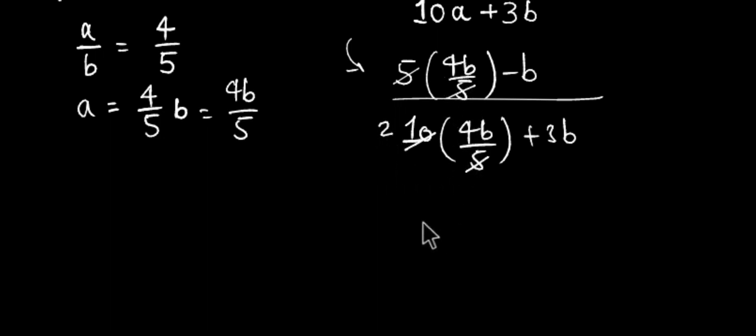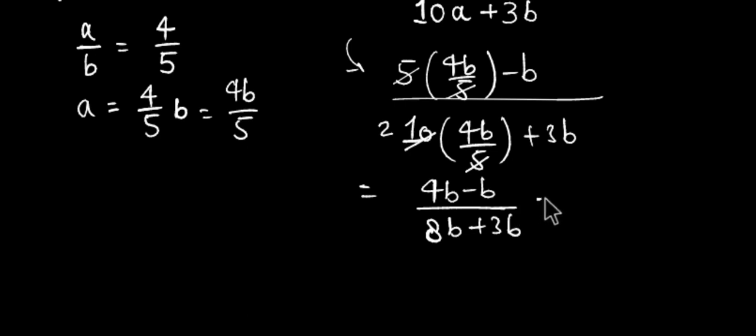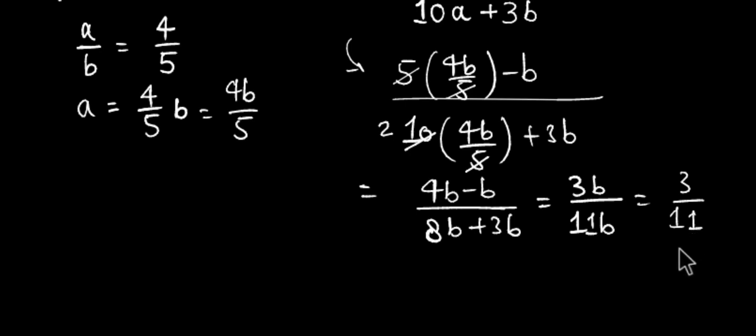So we have 4B minus B in the numerator upon 8B plus 3B in the denominator. When I subtract B from 4B, I get 3B, divided by 8 plus 3, 11B. So B cancels out with B. What I got? Final answer is 3 by 11.